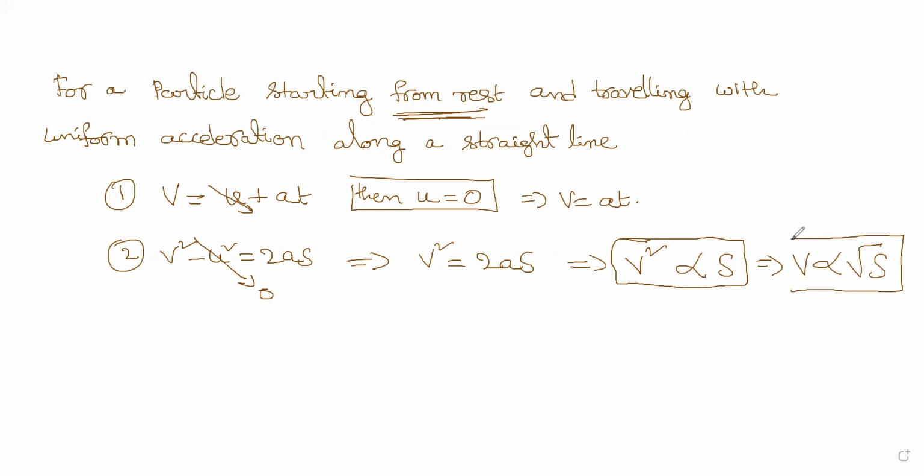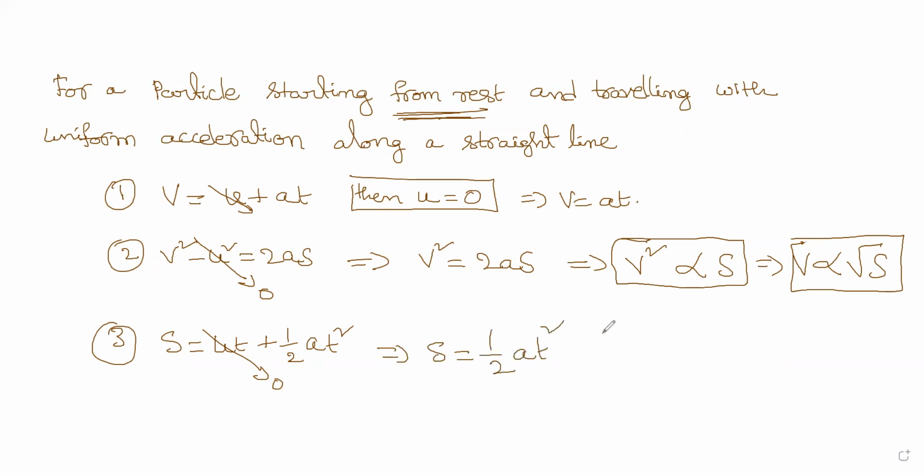Now the third thing. The next one is s is equal to ut plus half a t square, right? u is 0. When you set u is equal to 0, s is equal to half a t square.